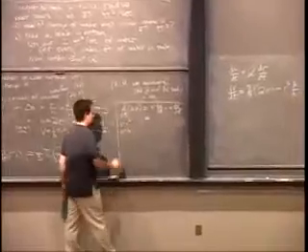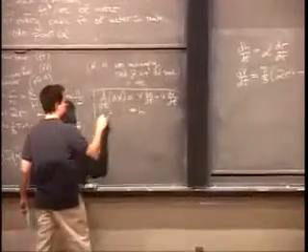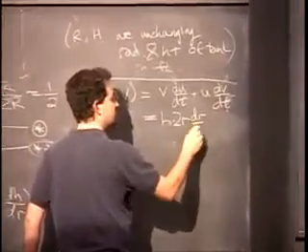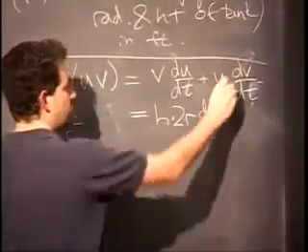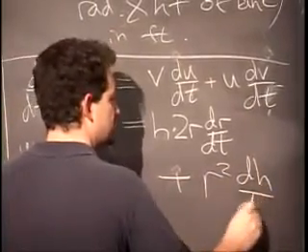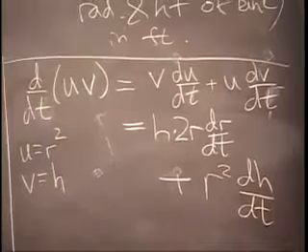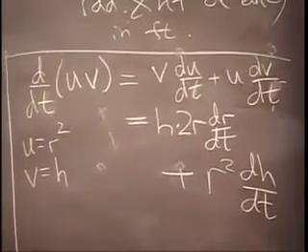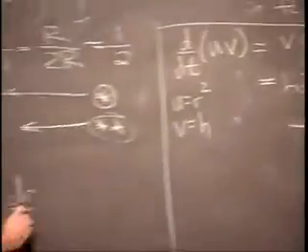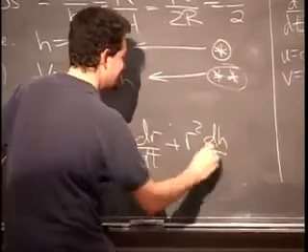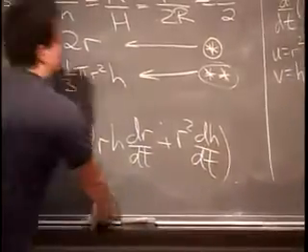Let's go back here. v is h. du/dt, we have to differentiate implicitly and get 2r dr/dt. That's better. Plus u is r squared, dh/dt. So I was almost right. It just needs to be 2rh, there's an extra dr/dt there, and it needs to be r squared dh/dt.